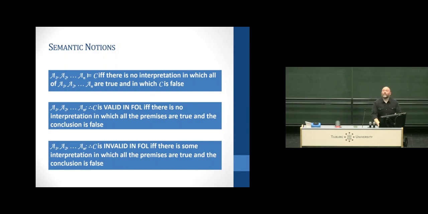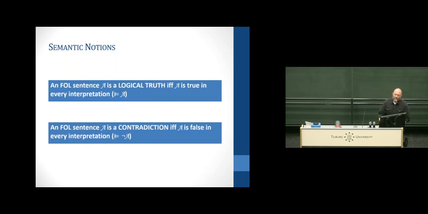But this isn't the only kind of semantic property we might be interested in. We have parallels for every semantic notion. Before, we had being a tautology. Now we have being a logical truth. A sentence of FOL is a logical truth if and only if it's true in every interpretation. That is, there's literally no interpretation that makes it false.